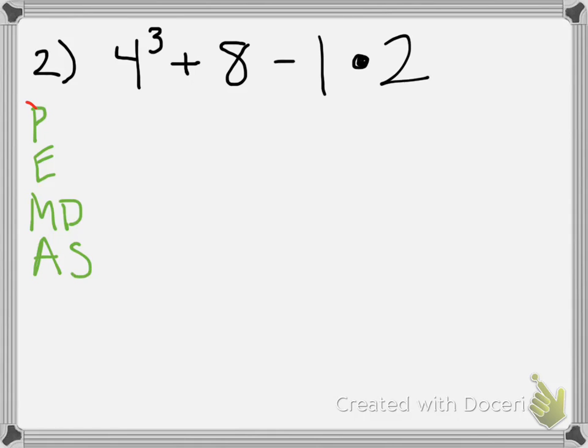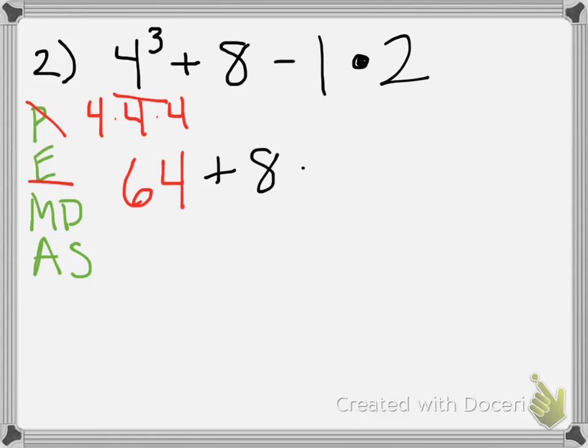And look to see, are there any parentheses? No. Exponents? Yes. So we're first going to do 4 to the third, which is 4 times 4 times 4. Now if you can't do it in your head, you'd have to do it off to the side, but it is 64. The next thing we look at, or we actually rewrite the rest of it.